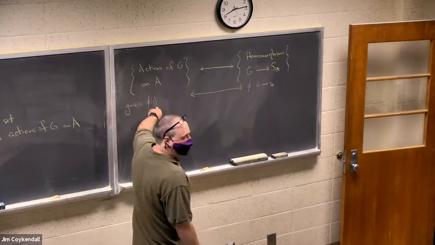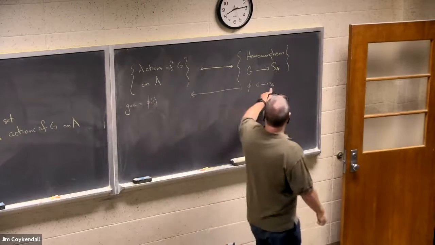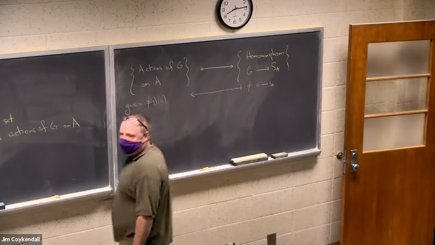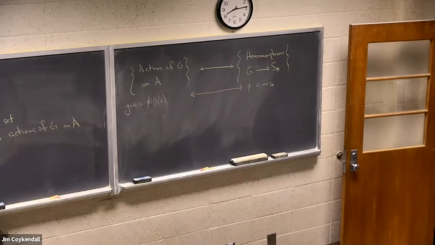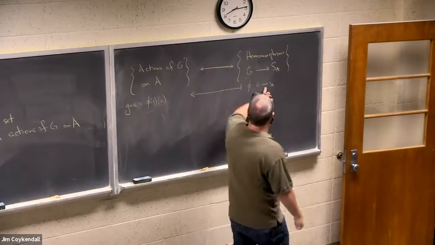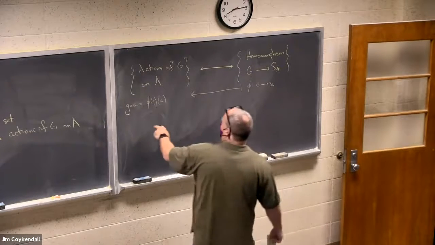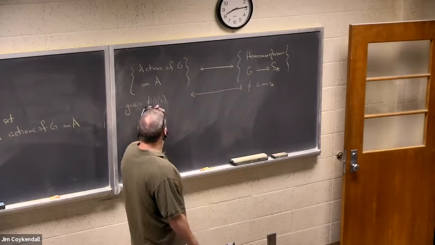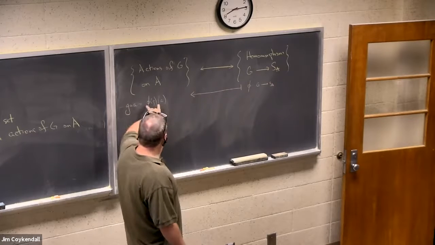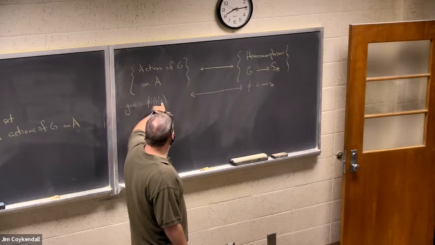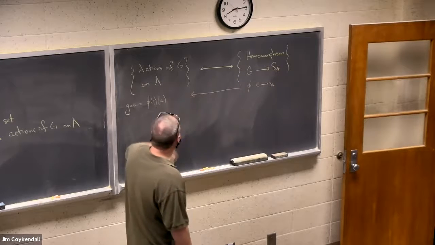Now, what's phi of g? phi of g is now a permutation of A. Oh, how about that? So, getting a homomorphism from here to here, then we have g acting on a is this thing, which itself is a function acting on A. So this is a permutation. So this takes it to another element of A, which is good.